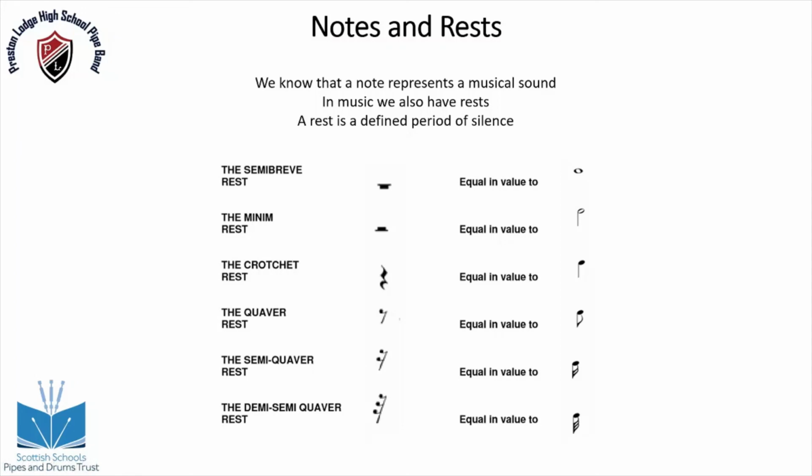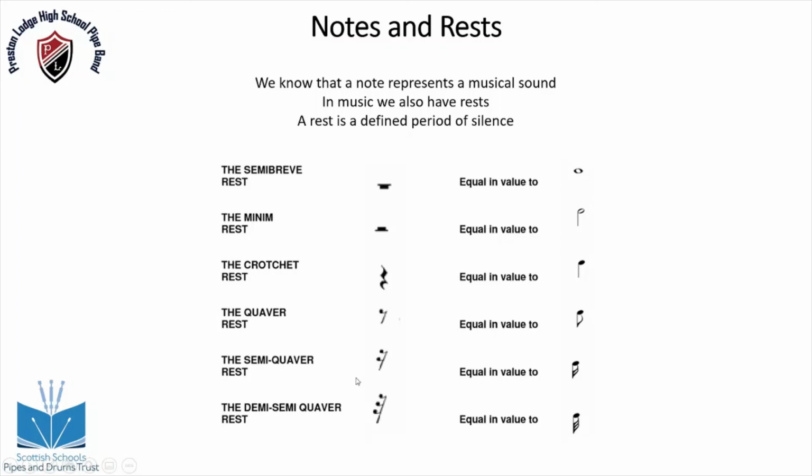I'll get a bit of paper ready to show you as well. And then our quaver rest looks like a wee fancy 7. And that top line is representing that tail. So there's one line, which means there's one tail, so it's a quaver.